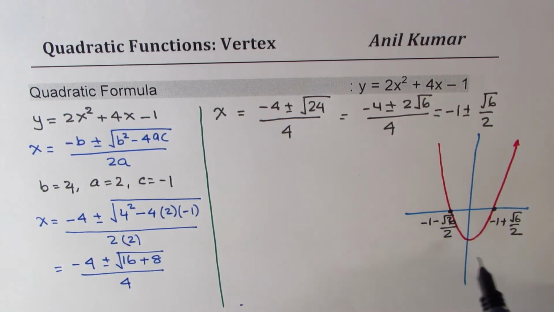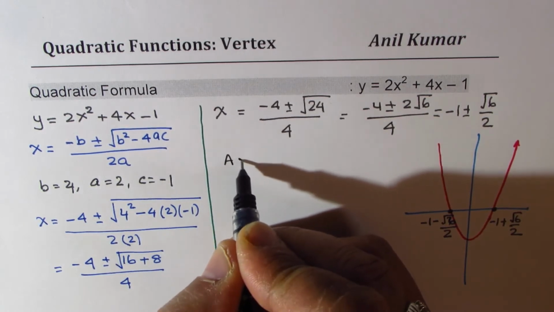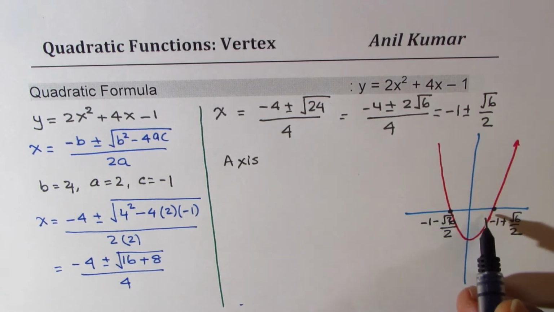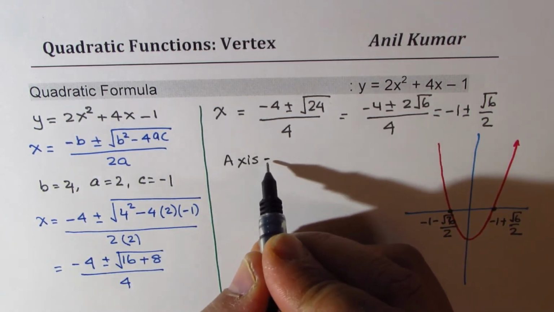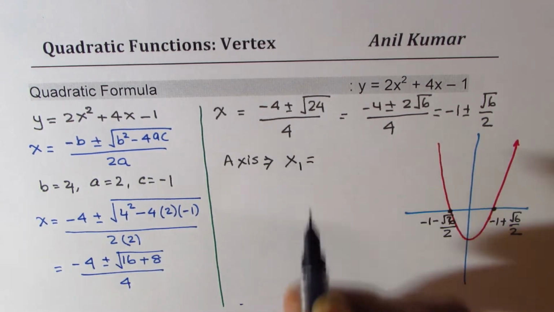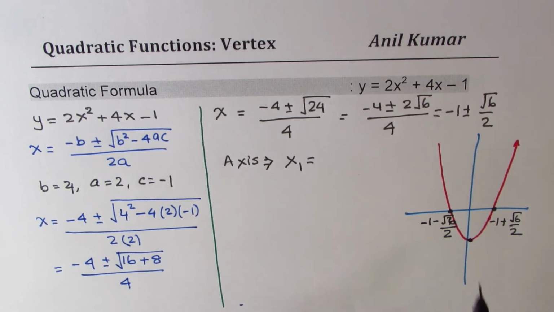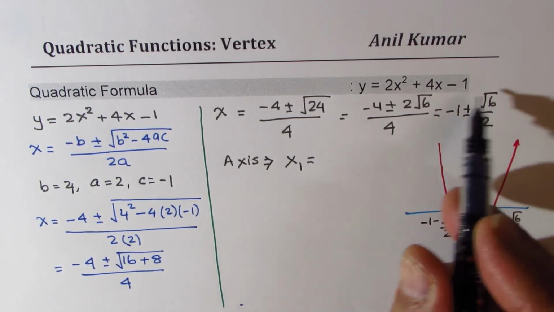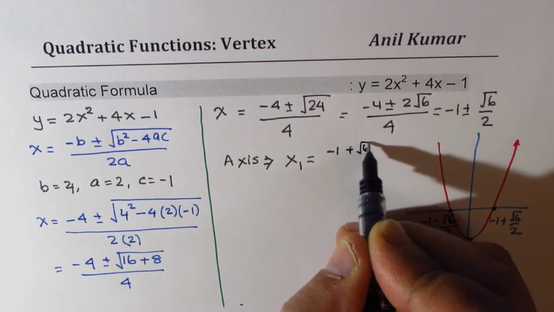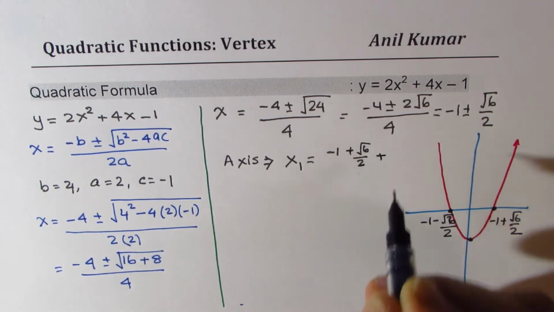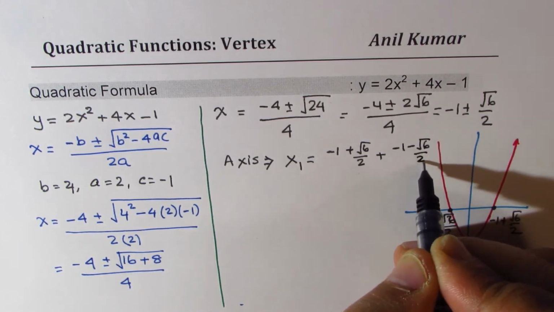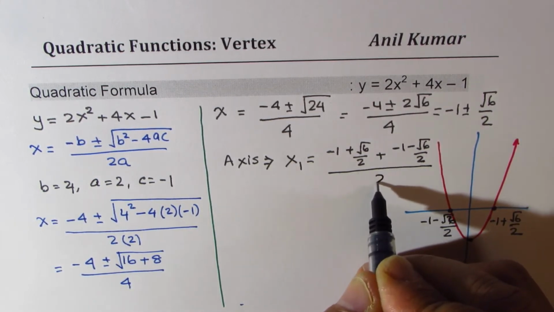So the axis, let me write axis, is halfway between these two values. That is to say, it will be at x1, equal to the sum of the x's we are talking about to get the vertex: you add minus 1 plus square root 6 by 2, and also minus 1 minus square root 6 by 2, and then you take half of this.